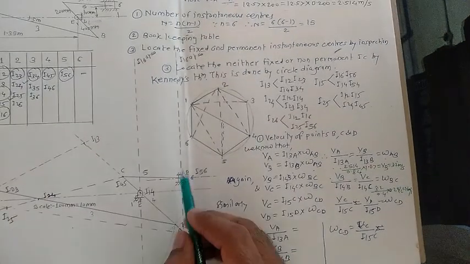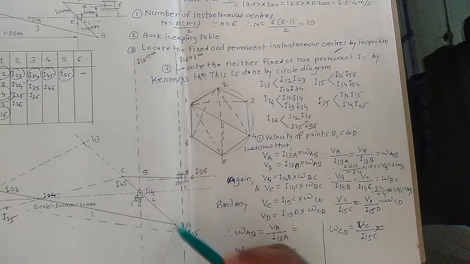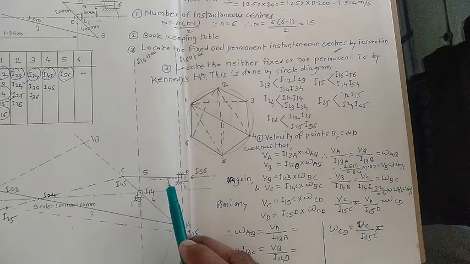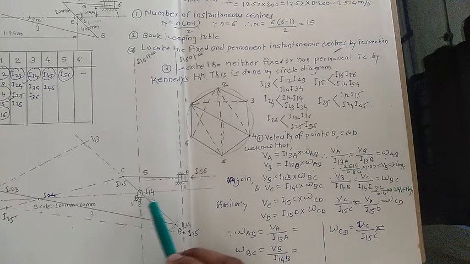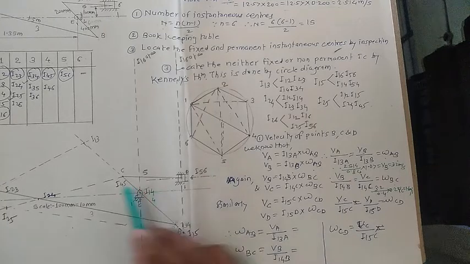Similarly, if you do the calculations for the next one, in case of VD, D point is here. Now for that, just consider this C point is common in between this BC link and CD link. Now for that, you need to consider the center as I15. I14 we have considered for this and this link. Now I15 is here, in between this CB and CD. Just consider I15 as center.